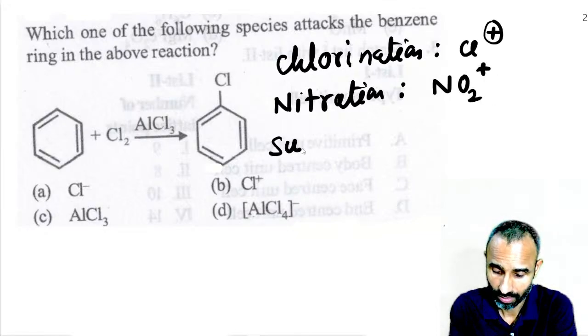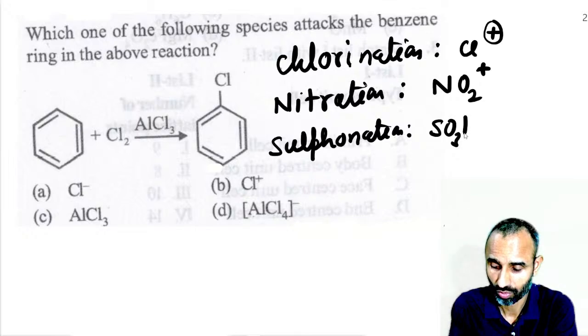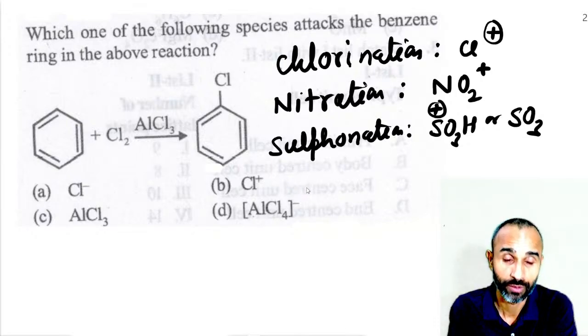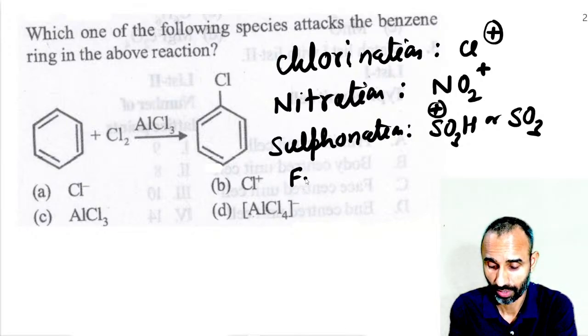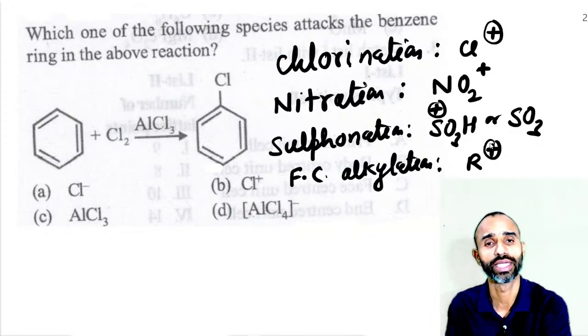In sulfonation, SO3H positive or SO3. And in Friedel-Crafts alkylation, CH3 positive, we can say R positive or CH3 positive.